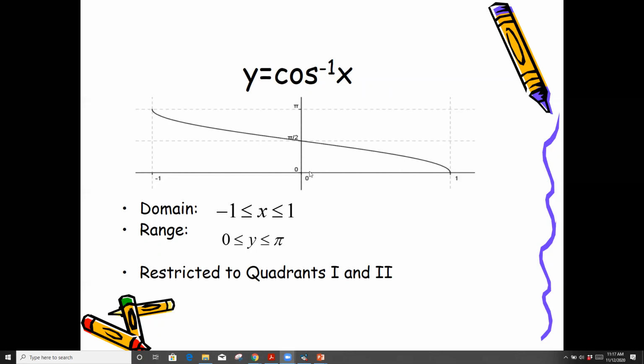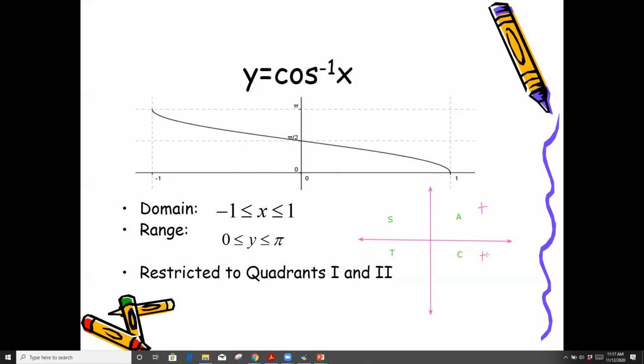And it's restricted to quadrants 1 and 2. And if I make another little picture here with the all students take calculus thing, for cosine, A, S, T, C. So like Brigitte was saying, in quadrants 1 and 4, cosine is positive.